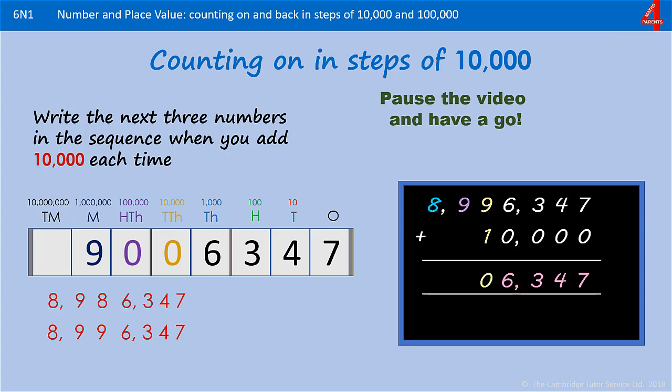So we have to put the 0 in there to represent how many 10,000s we have, and we carry that 1, which is actually 100,000. Now we have to add that to the 9 in the 100,000s column, making that 900,000 into 1 million. And we have to carry 1 again, and that 1 is added to the 8 million to make it 9 million. So we now have 9,006,347.